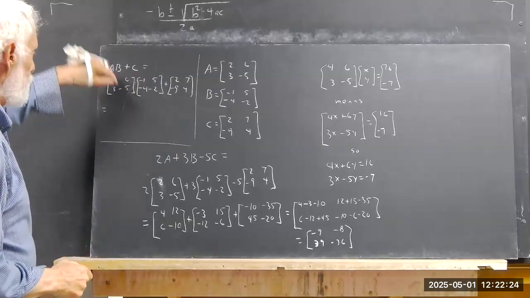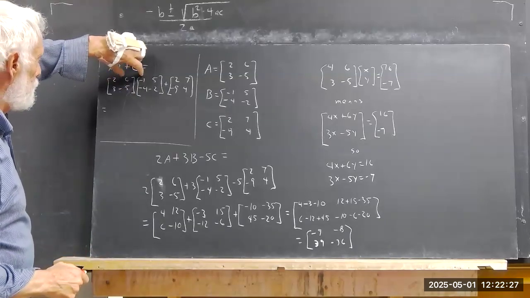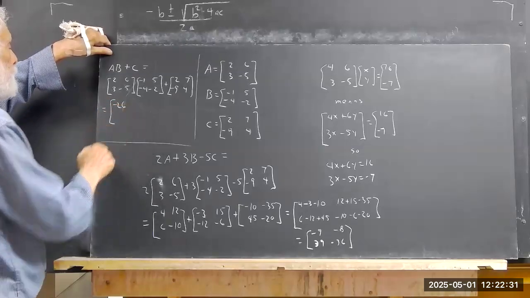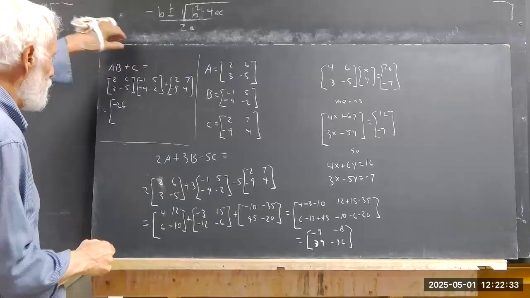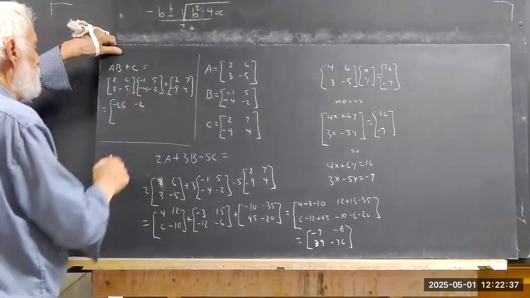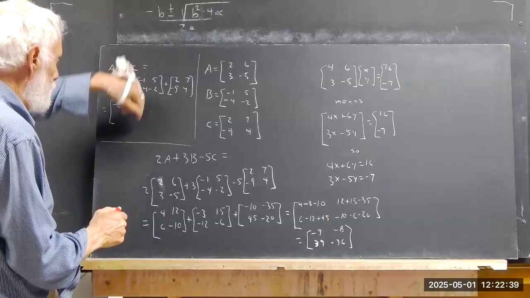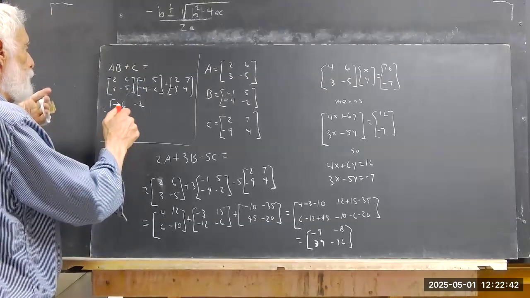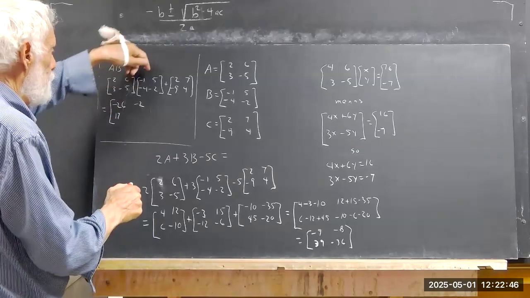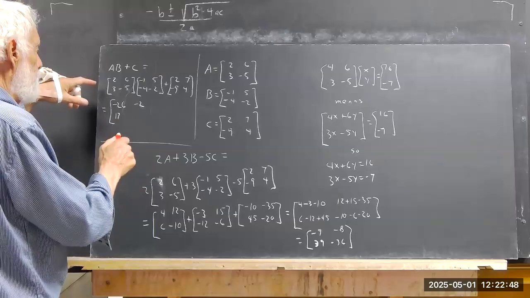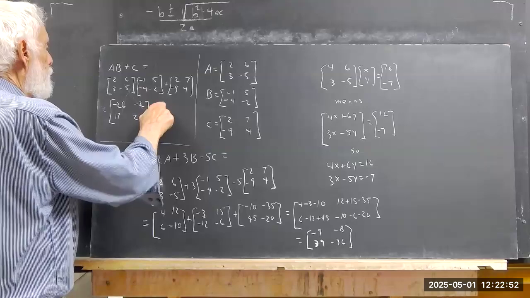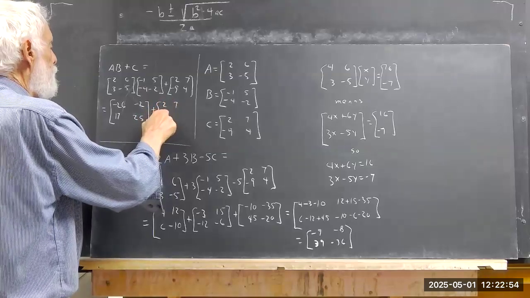Multiply first row by first column. I get -2 here and -24 here. That's -26. First row times second column, 10 minus 12 is -2. First row, first column, -3 and 20 is 17. First row, second column is 15 and 10, which is 25.